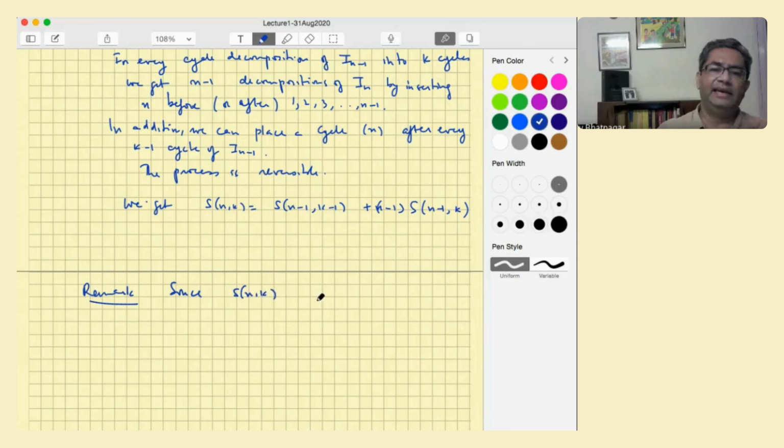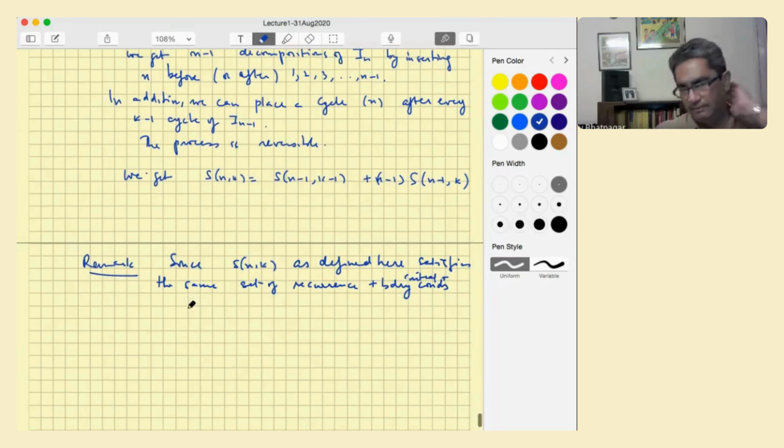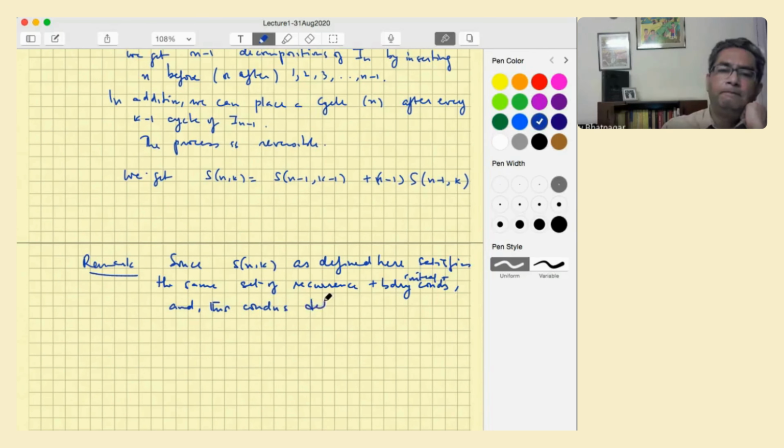Remark: since S n k as defined here satisfies the same recurrence plus boundary conditions, initial plus boundary, and these conditions determine S n k, so you can see, we can make a table.